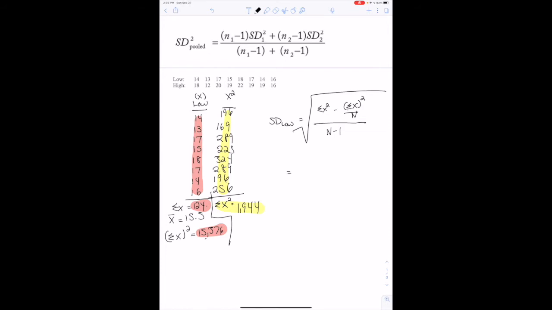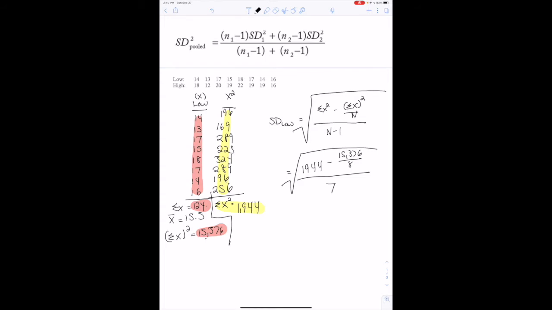Sigma x squared is 1944 minus sigma x quantity squared, which is 15,376, divided by our n, which is 1, 2, 3, 4, 5, 6, 7, 8, divided by 8, all over n minus 1, which is 7. And we take the square root of that whole thing.